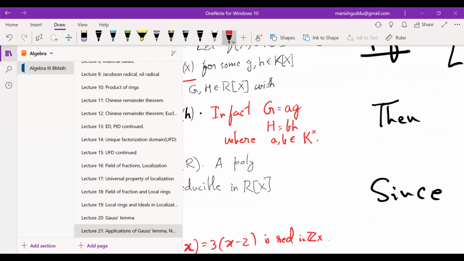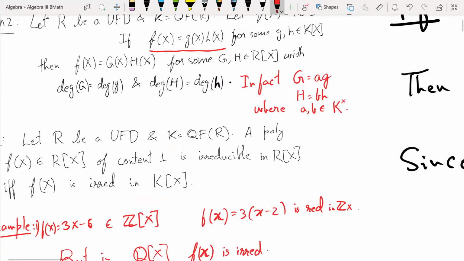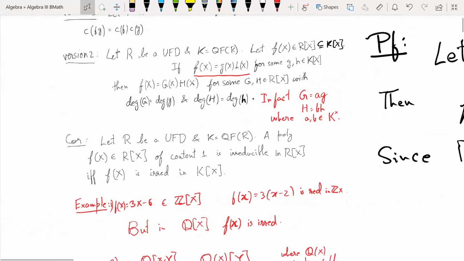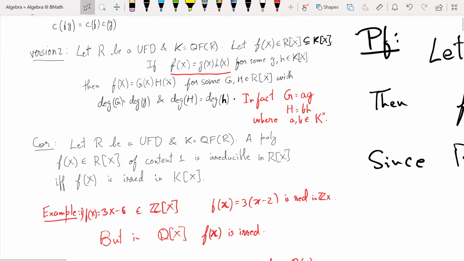Okay, I'll fix this in the notes as well. This is the notes I've shared. Any other? So now this is okay. After clearing the denominator, only this. Yeah, that's right.